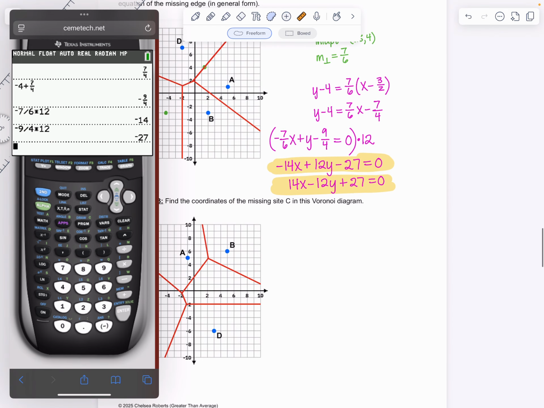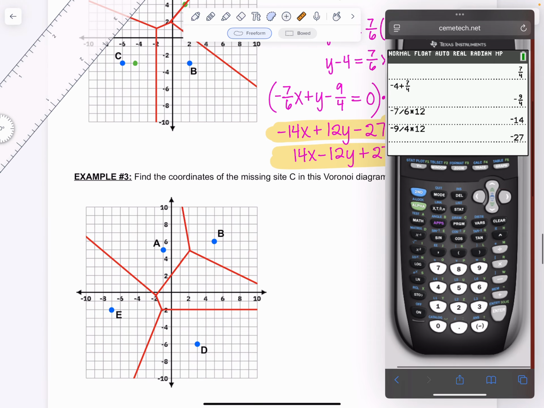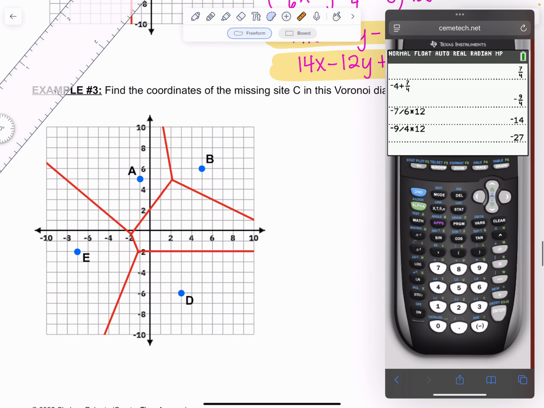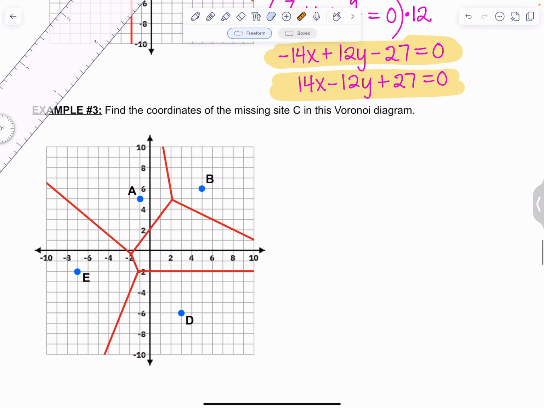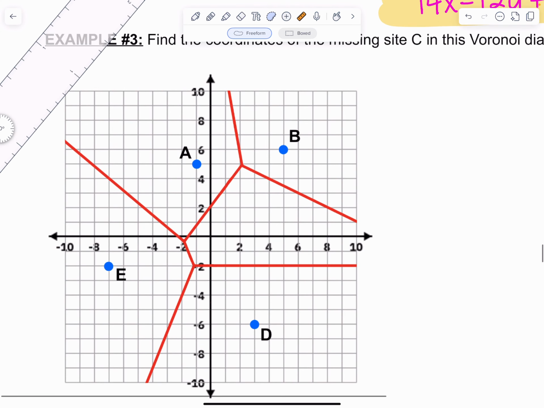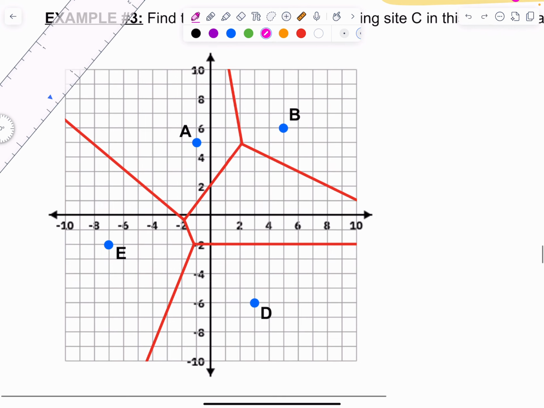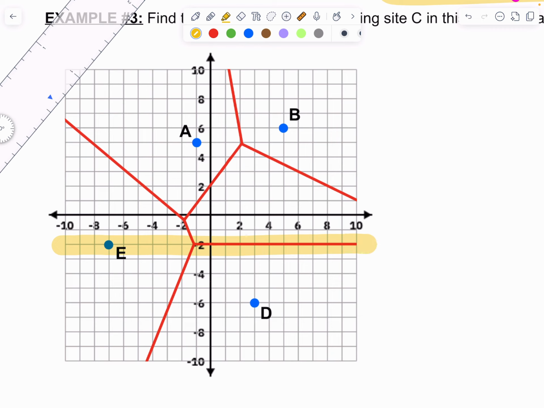All right. So now the next example, it says find the missing coordinates. Find the coordinates of the missing site C. So if we look at this Voronoi diagram, we can tell that there is a site missing somewhere in here. And one thing that I notice here is that there is a horizontal line.